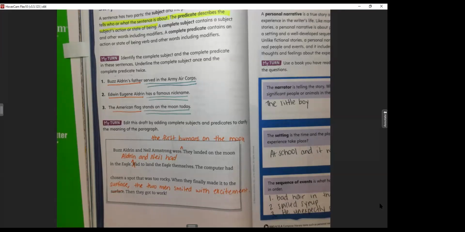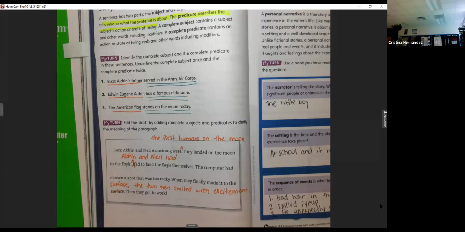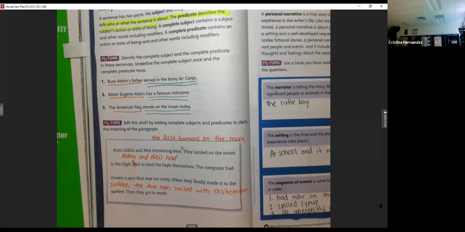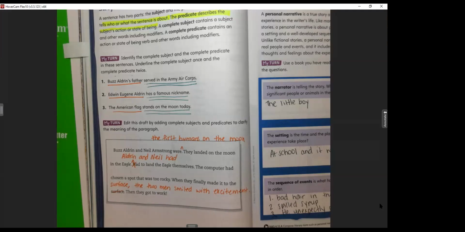When you're done with that, you can put your book to the side for a few minutes because we're not going to use it. I'm going to show you the Nearpod, and you're going to follow along with me. You're not going to use your Nearpod right now.